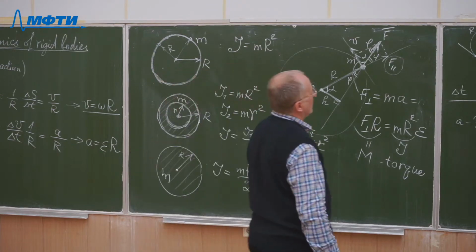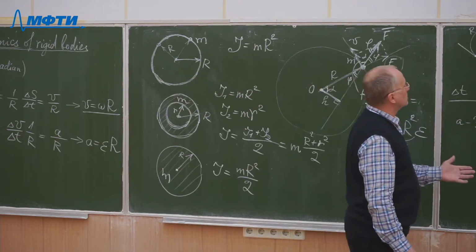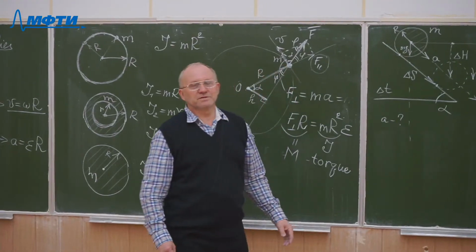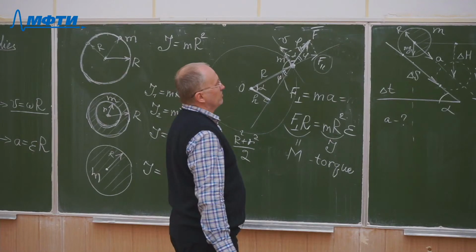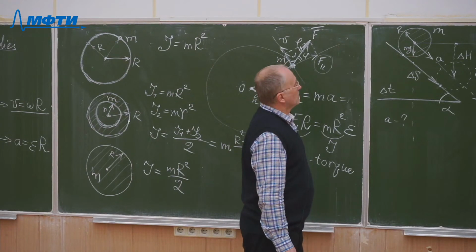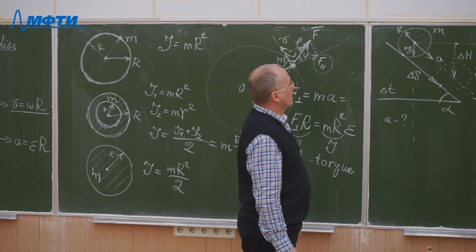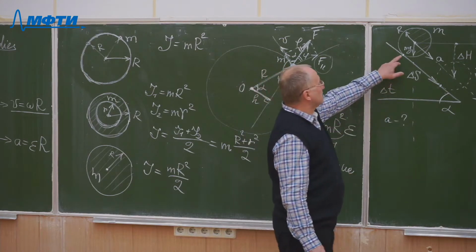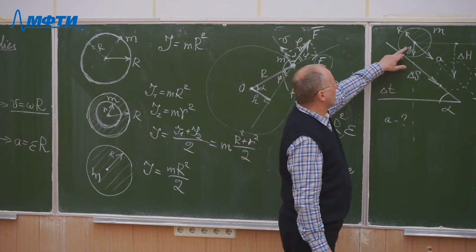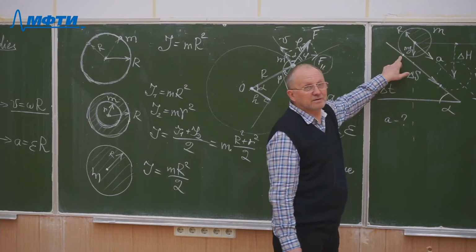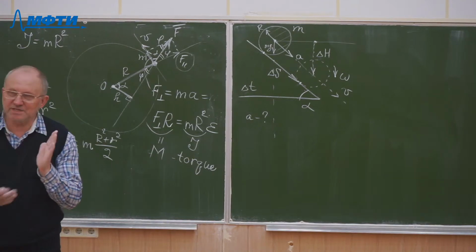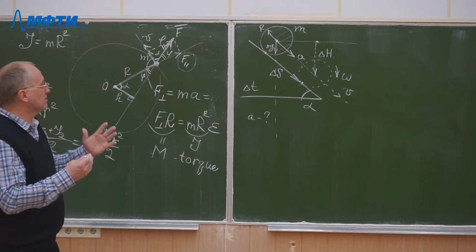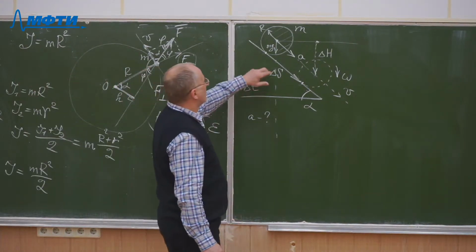Now, after we have a clear picture of this process, we can write down some formulas. For example, if there is no slipping, then no energy is lost. The energy is lost when you have slipping. But if there is no slipping, no energy is lost.